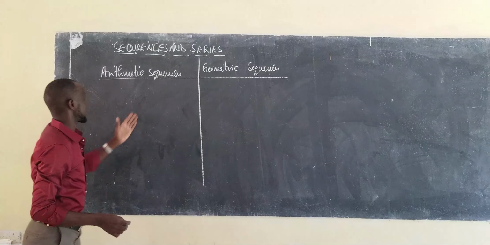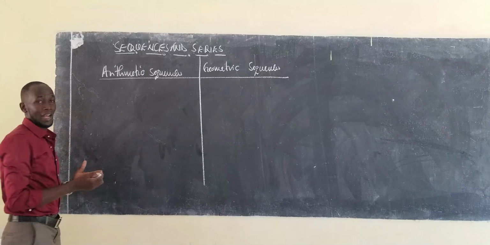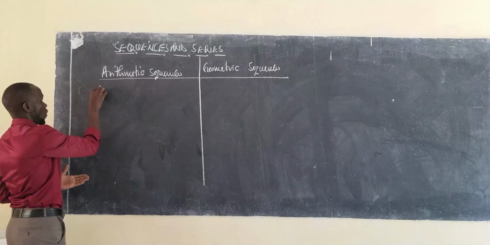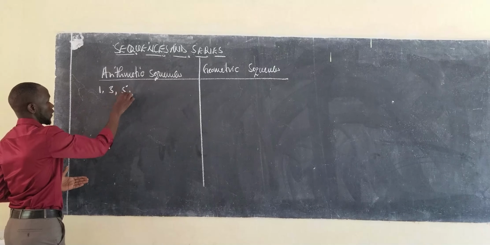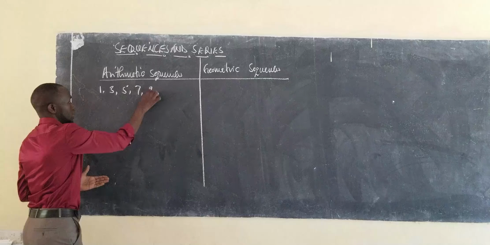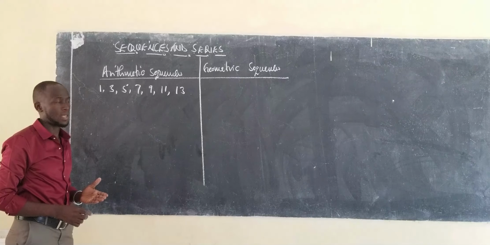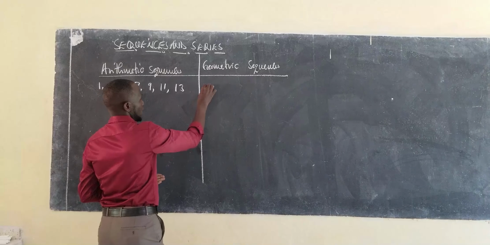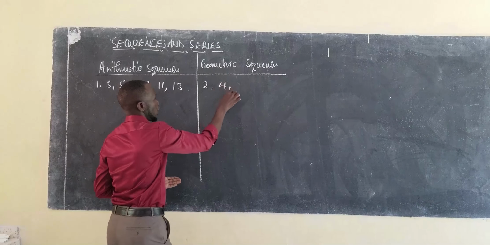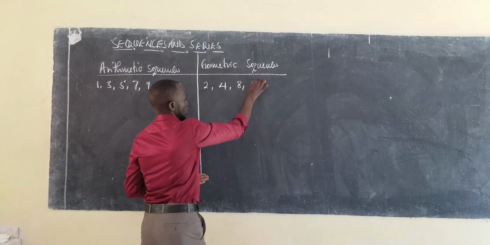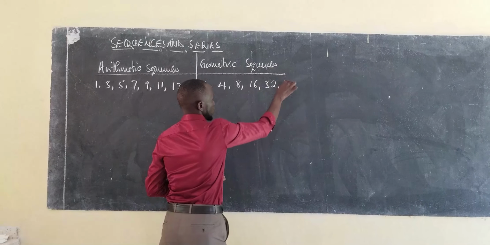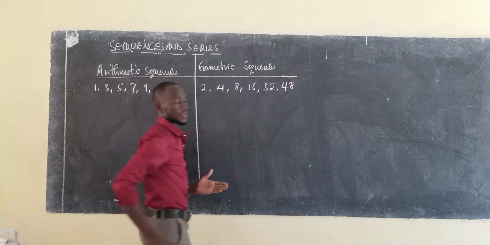Now, in such a set, someone may have a sequence like 1, 3, 5, 7, 9, 11, maybe 13, and this person stops there. Then somewhere else they have 2, 4, 8, 16, 32, say 48, and somebody stops there.